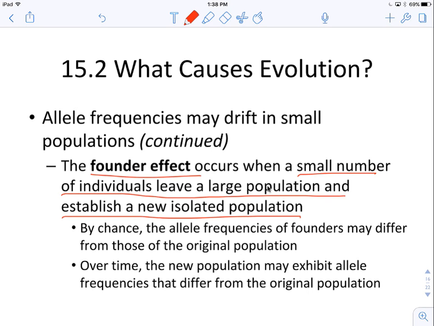Again, whoever left with the small group, their gene pool is the new gene pool of the population. And again, the allele frequencies of the founders may differ from that of the original population. So over time, the new population will exhibit frequencies that are different from the original population.